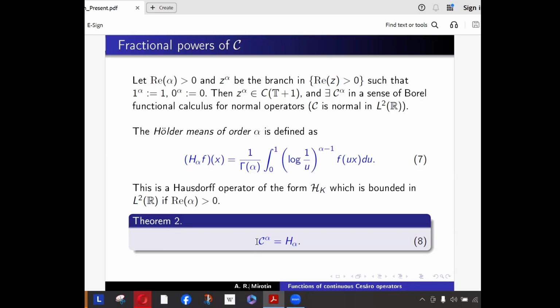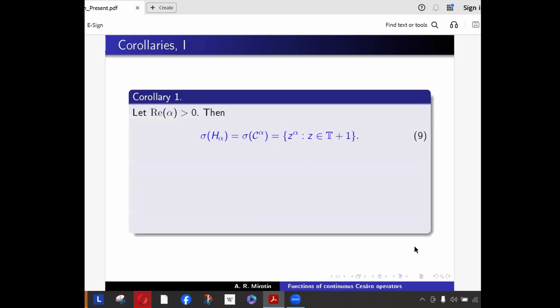The fractional powers of C, C to the power alpha with positive real part, and all Hölder operators H alpha with positive real part of alpha coincide, which formula 8 gives.